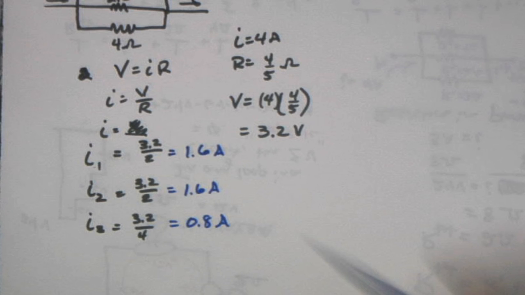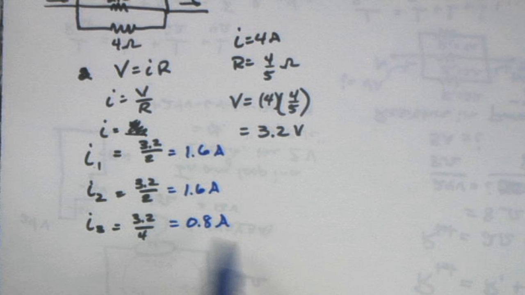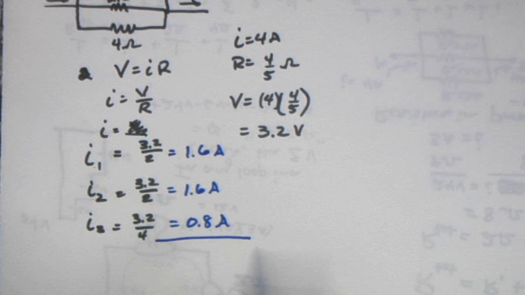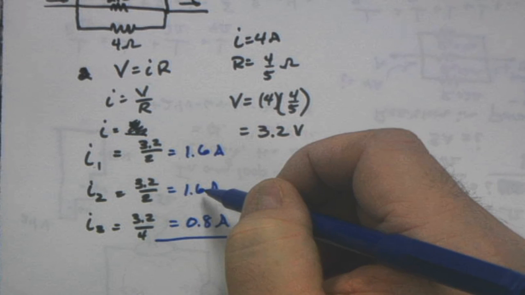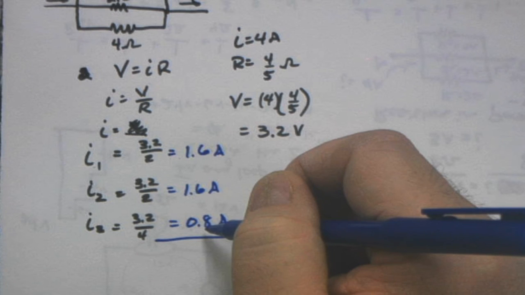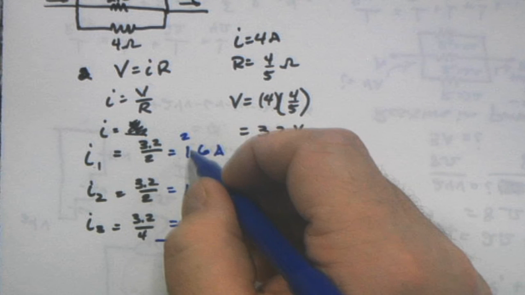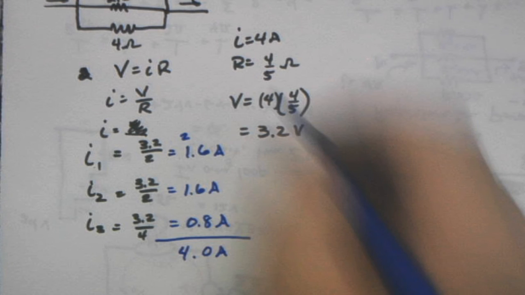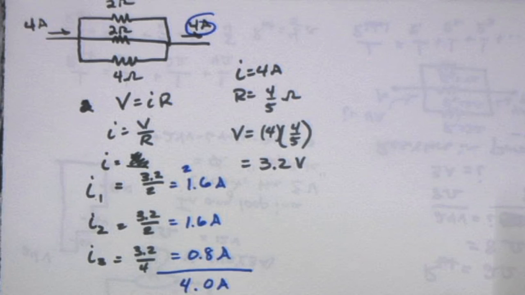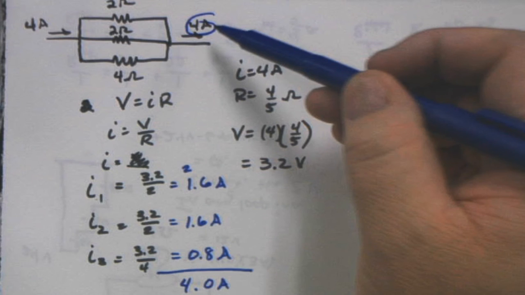You guys follow me here? And what does all of this equal if we add these all together? 6 and 6 is 12, plus 8 is 20. Carry the 2. 2 plus 1 is 3. So all of our current coming out is equal to the current that we had going in.